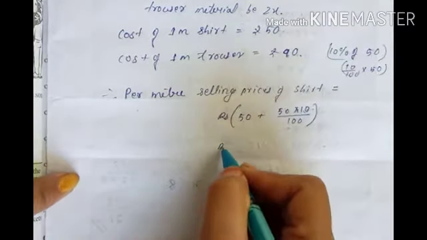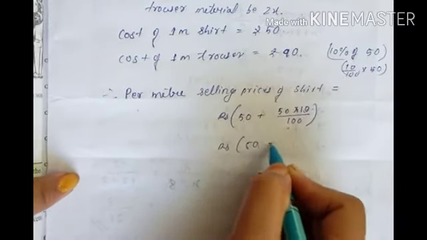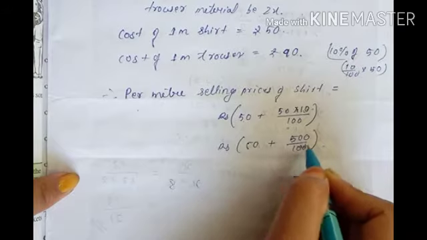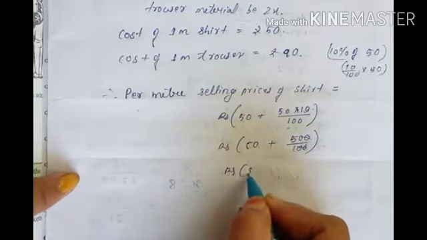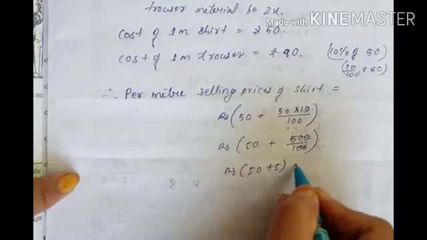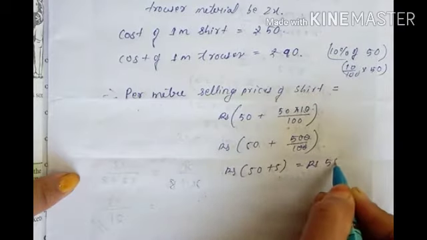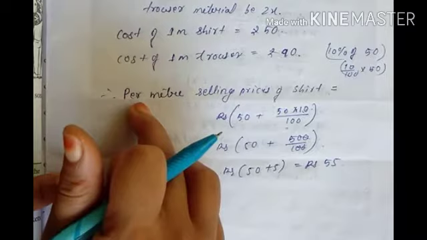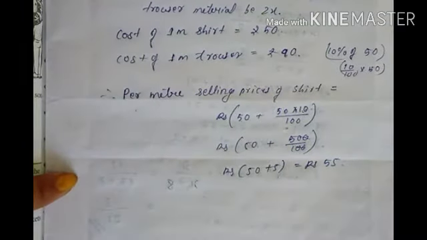If you do the solution, 50 into 10, 500 upon 100, this will cancel, so rupees 50 plus 5, it will become rupees 55. So the selling price for 1 meter shirt is rupees 55.